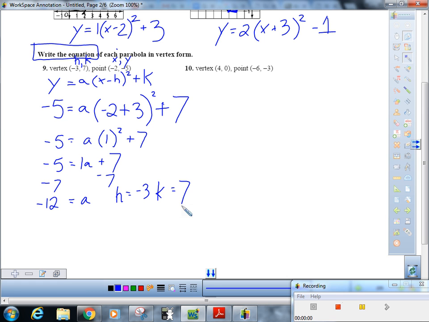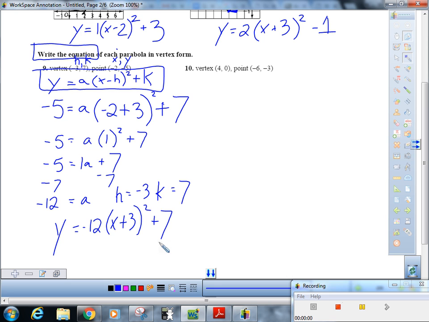So now we rewrite this equation with those numbers in. So you will say y equals negative 12 times x minus a negative 3 squared plus 7. And that is your answer. Does everybody understand how we did that?